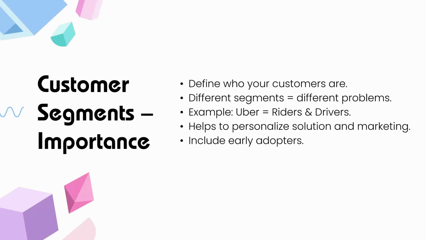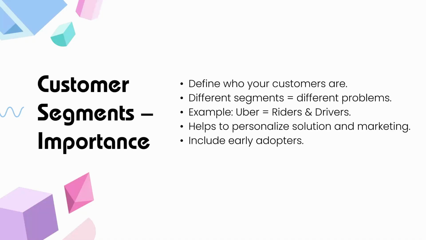For example, when you talk about Uber, you have two types of customers, the riders and the drivers. Uber makes money through both of these customer segments. Riders pay them a part of the ride charges, and drivers are supposed to pay on an everyday basis, something like 150 for a day, or for two days.